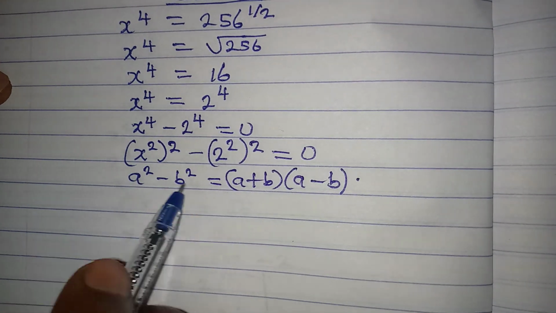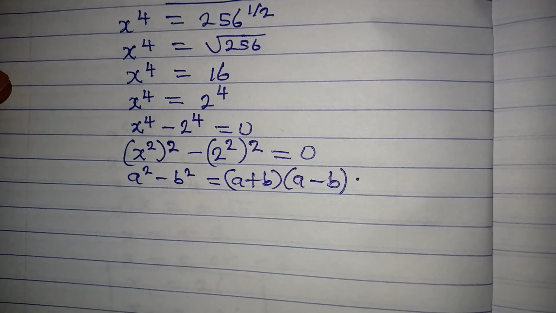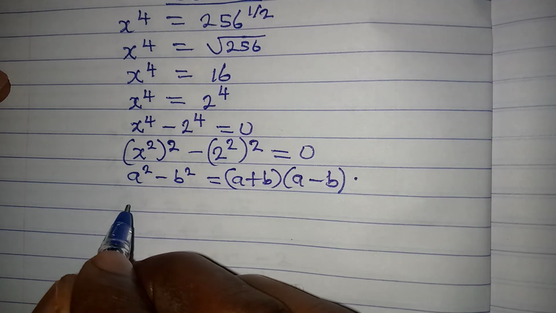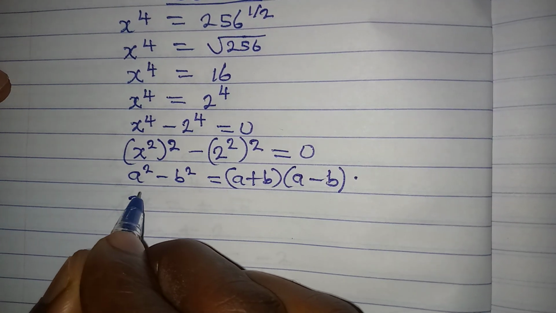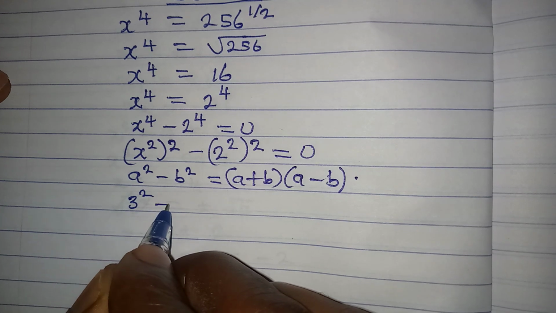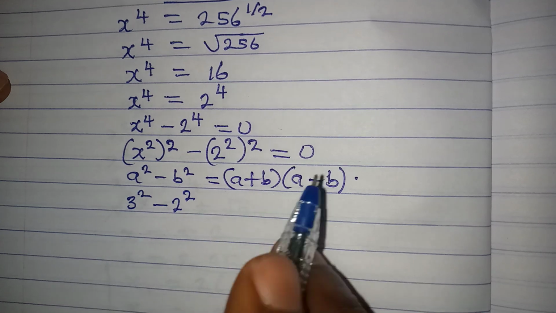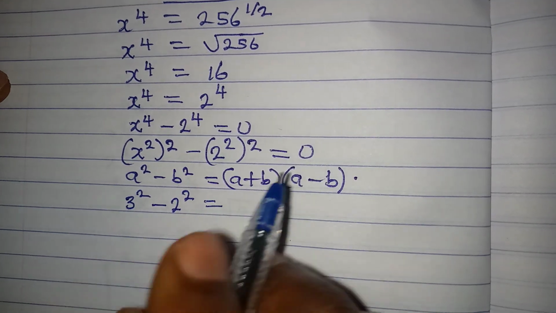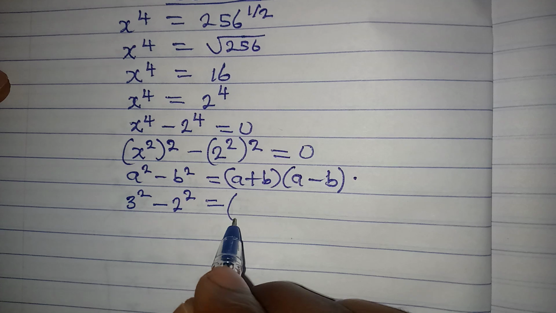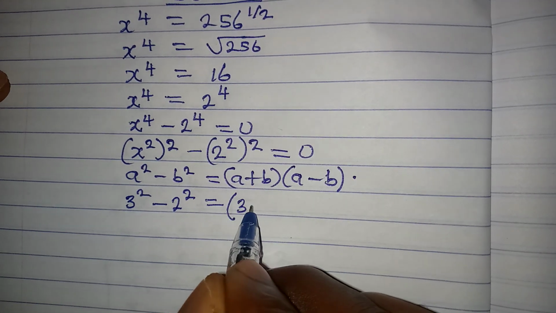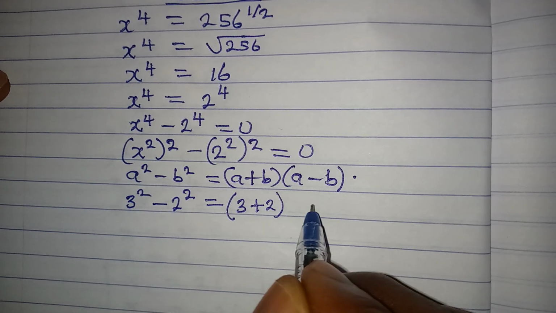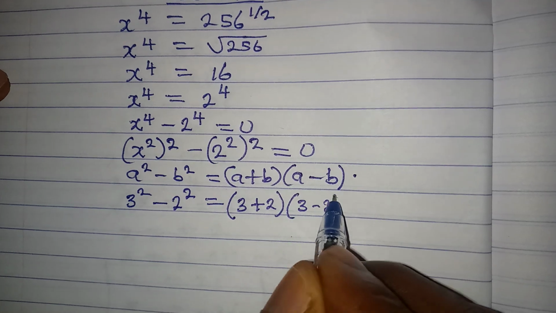Now, I want to try this with real numbers so that you will see what we are doing. Imagine if you have 3 to the power of 2 minus 2 to the power of 2, and you want to evaluate using difference of two squares. This means that we have 3 plus 2 multiplied by 3 minus 2.